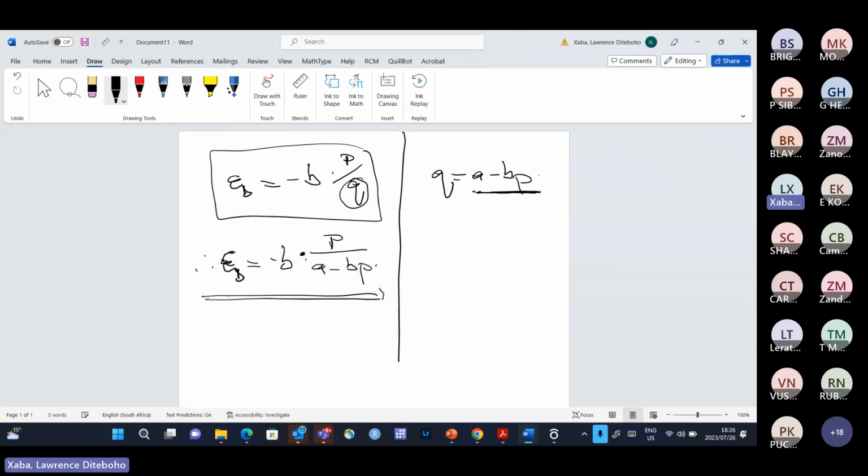These are formulas that we are going to use when we want to calculate or compute the price elasticity of demand. You can use this one, depending on the given information, or this one.